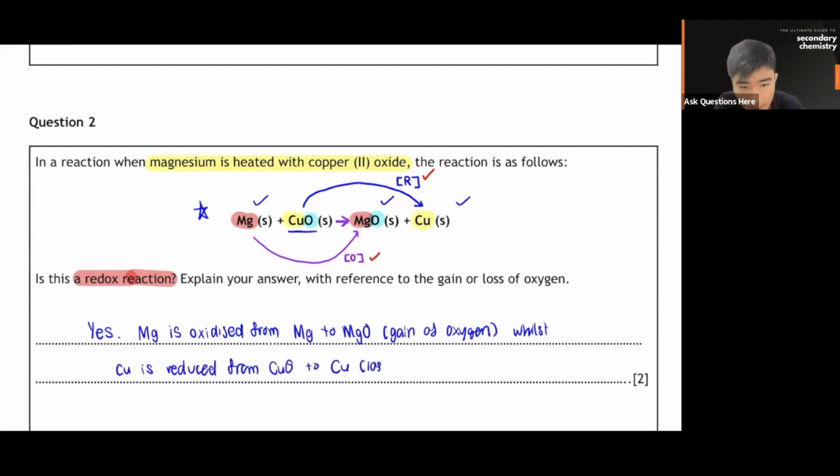This is known as a loss of oxygen. So the key point is you must tell me what is oxidized because it gains oxygen, whilst what is reduced because it loses oxygen.